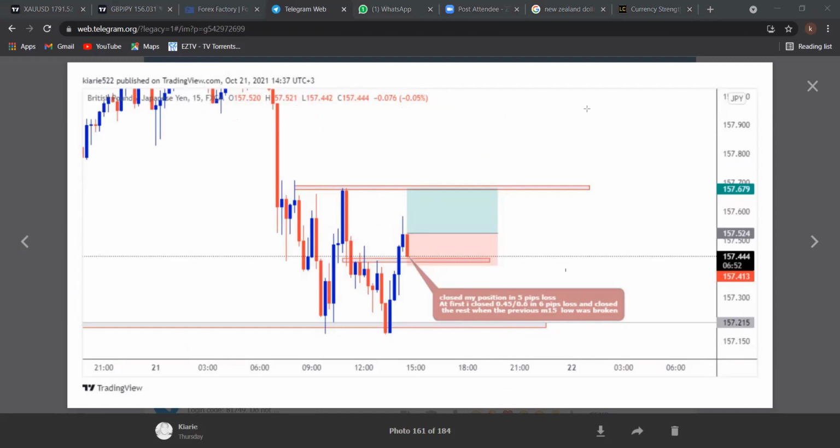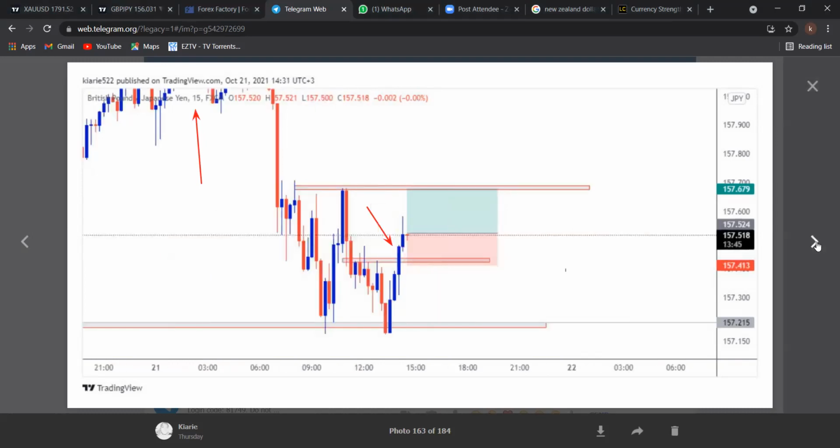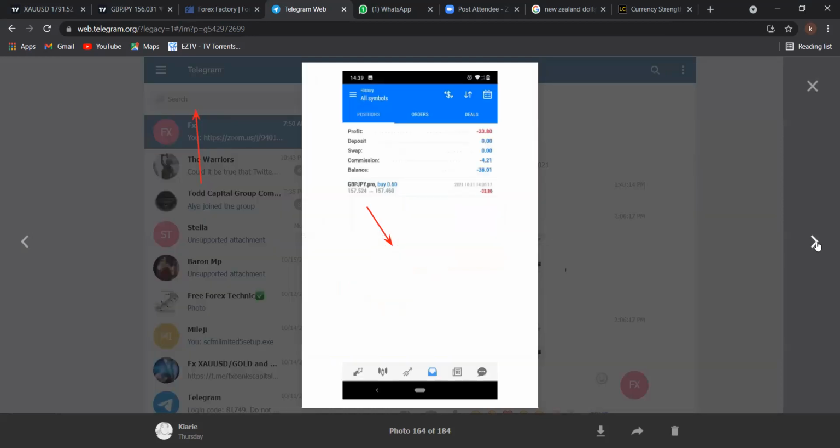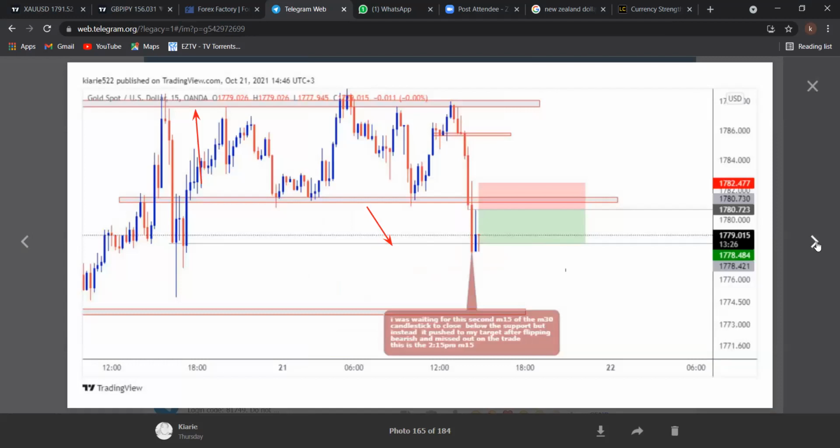My first entry, I had to wait for this price. No, I had to wait for this, it was on a M15 chart. Why didn't I wait for that? Yeah, that was my first position closing in a loss. Yeah, this was the trade I missed on gold.